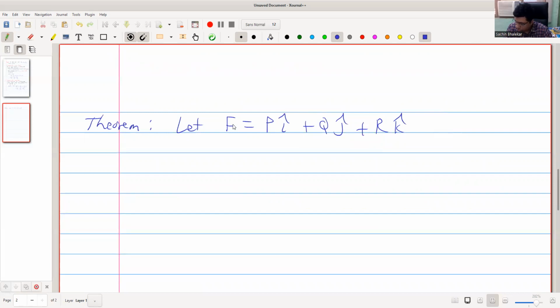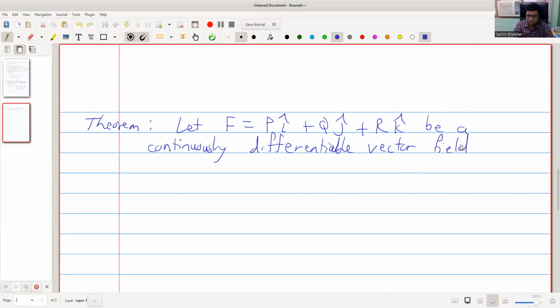Be a continuously differentiable vector field. Continuously differentiable means the derivative exists and that derivative is also continuous. In this case, mixed partial derivatives will match. I mean, partial with respect to x with respect to y is the same as partial with respect to y with respect to x.